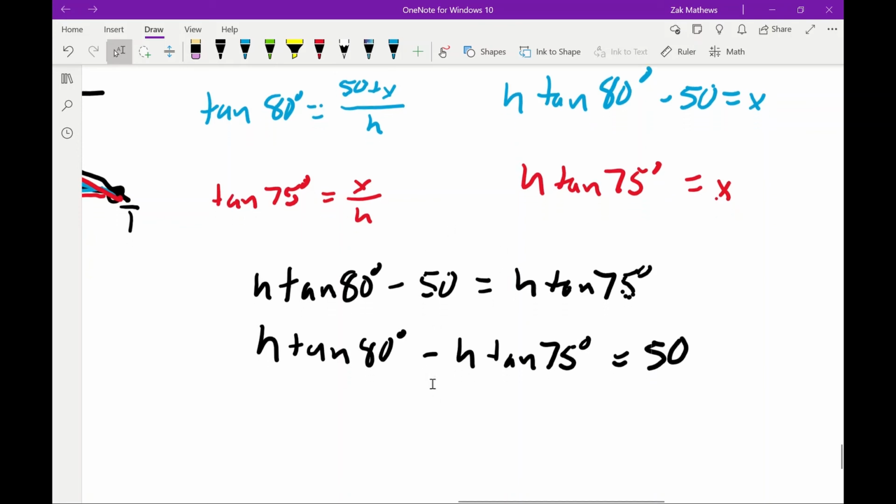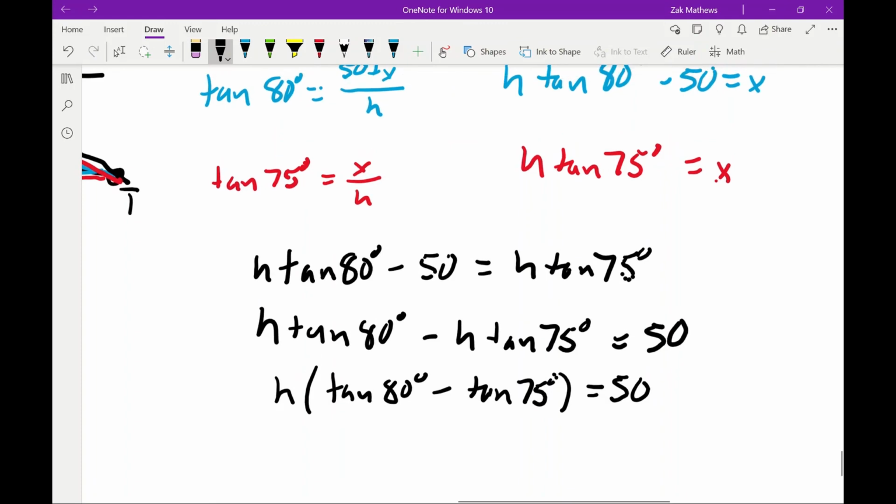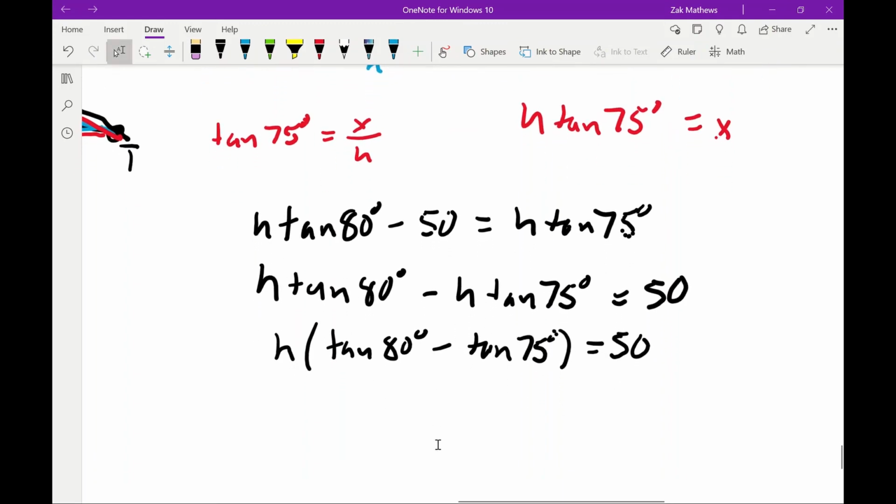It doesn't really matter. We would need to factor out the h. So now that I've got h factored out, I can divide by what isn't the h. So I'd have 50 over tangent 80 minus tangent 75.